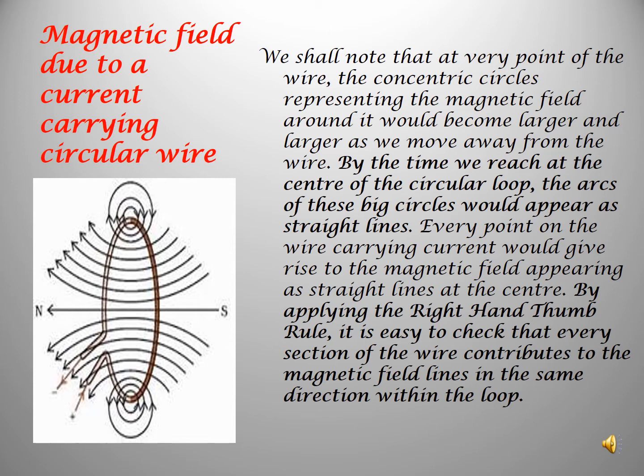Every point on the wire carrying current would give rise to the magnetic field, appearing as straight lines at the center. By applying the right hand thumb rule, it is easy to check that every section of the wire contributes to the magnetic field lines in the same direction within the loop.